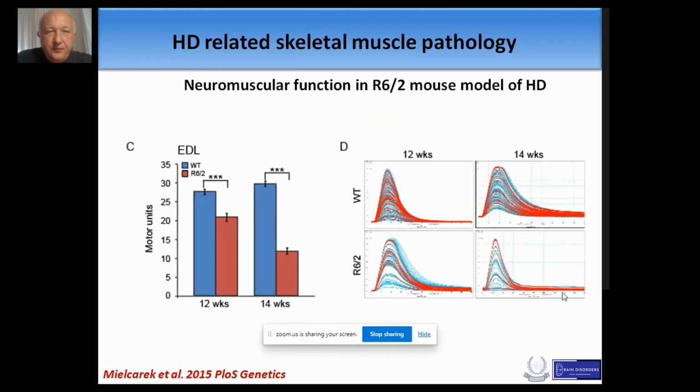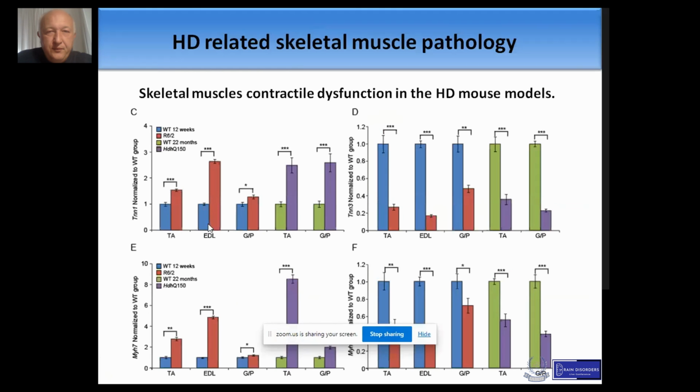In addition, we also found that the neuromuscular function is affected in this model. By scoring the motor units, we found a progressive decline of active motor units. We are not sure whether the motor neurons are dying or are just less functional.